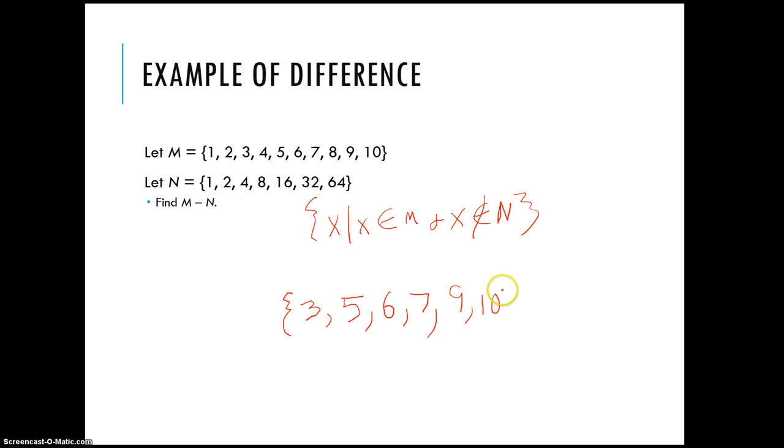And then, of course, 10 is going to go in there because, again, 10 is an element of M and 10 is not an element of N. So M minus N will be 3, 5, 6, 7, 9, and 10.